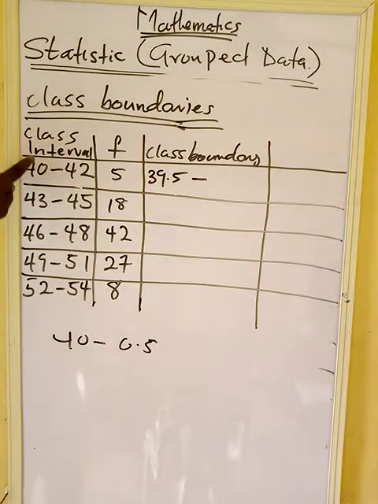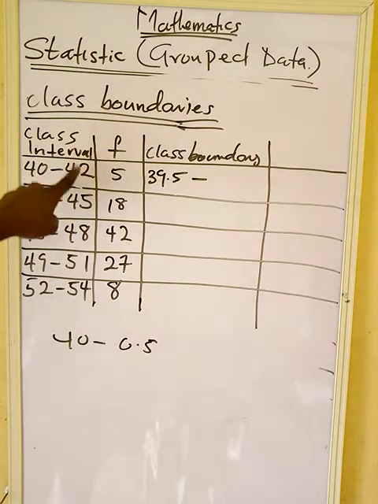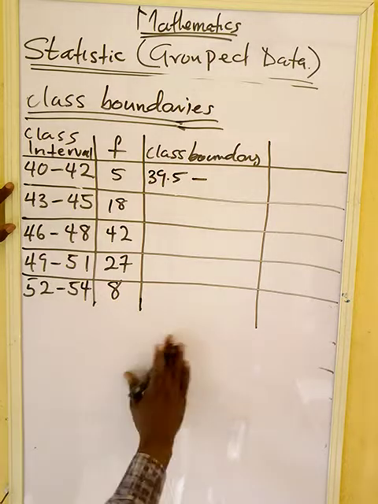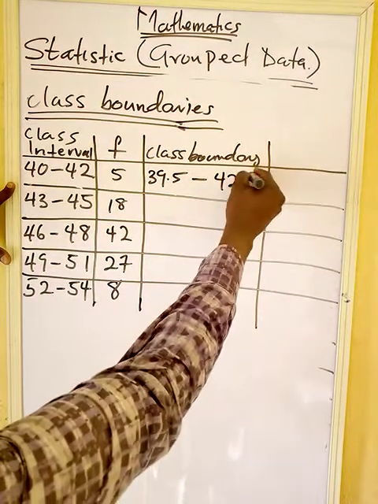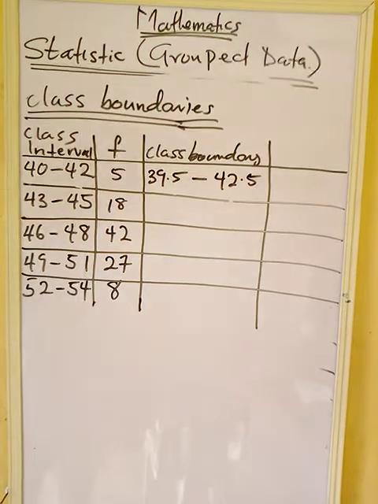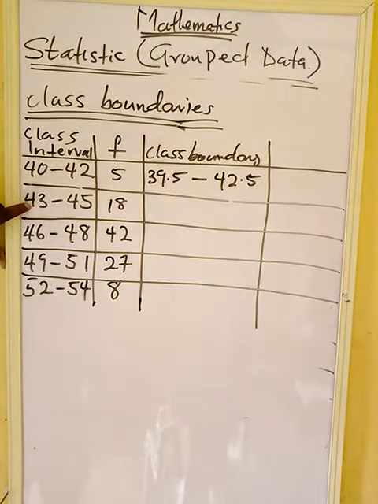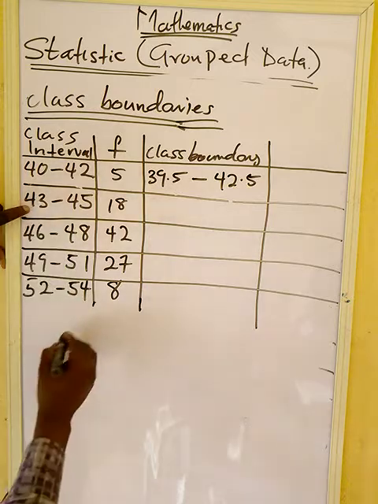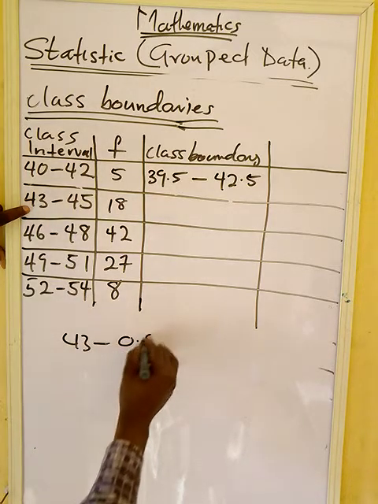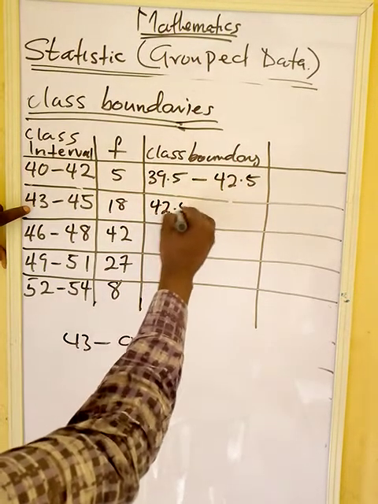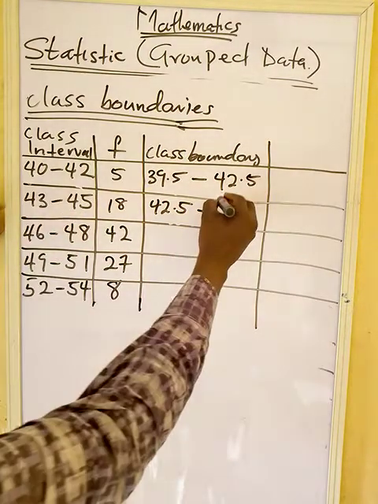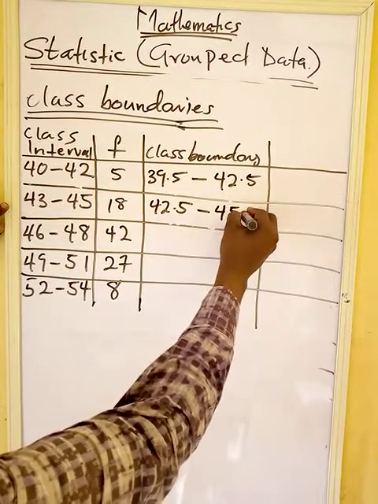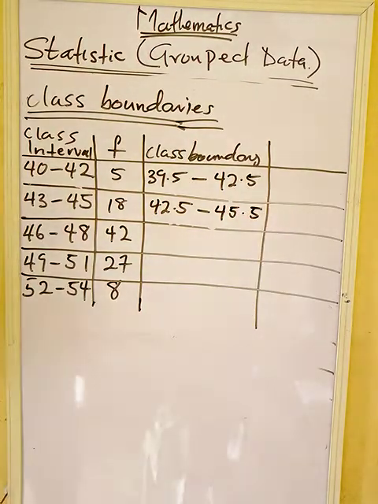When you deduct 0.5 from the lower class limit, you add 0.5 to the upper class limit. So 42 plus 0.5 gives us 42.5. Now you subtract 0.5 from 43, which gives us 42.5, and you add 0.5 to 45, which gives us 45.5.